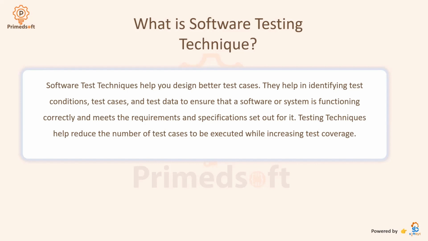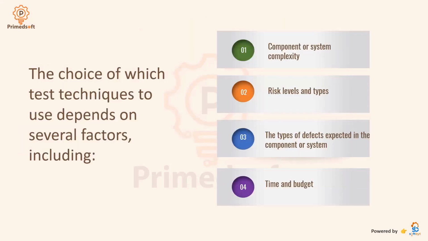So that is it. The next slide goes into the choice of which test technique to use. The choice of which test technique to use depends on several factors, which include component or system complexity, which is the first one. So when you are testing a software, before you choose what test technique to use, you have to look at the component you are testing.